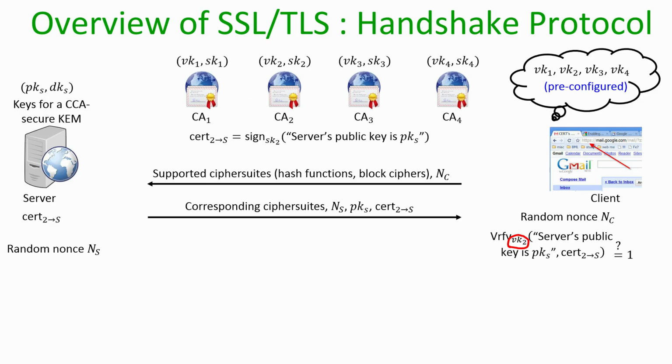Now, it might be possible that the certificate is issued by a certificate authority whose verification key is not embedded in the browser of the client. In that case, this verification will have no output, and as a result the browser will throw a warning message to the user, namely saying that I cannot recognize the validity of this certificate.